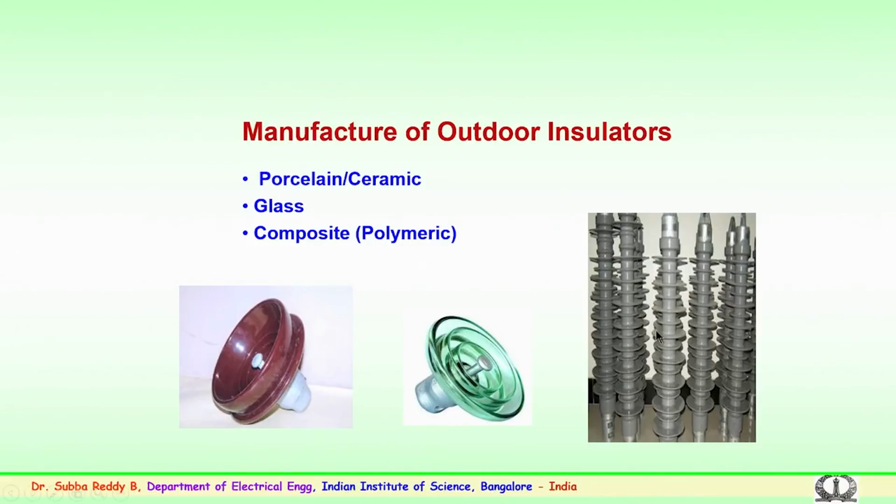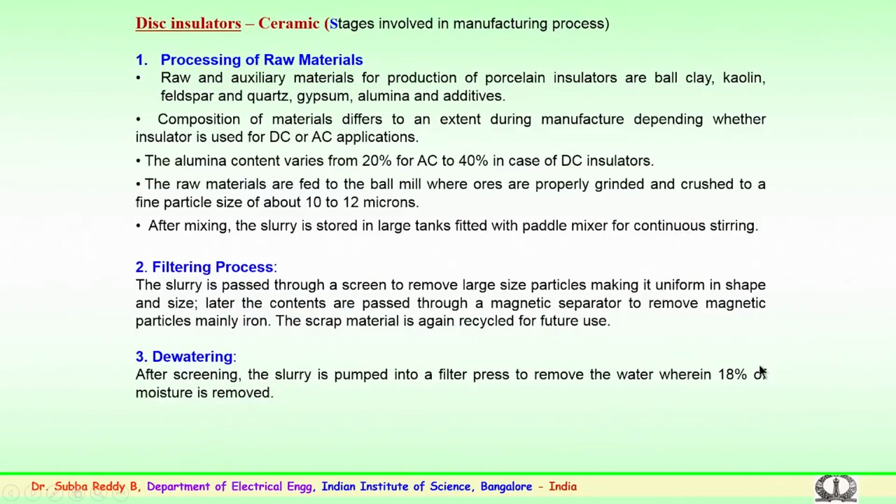First we will look into the manufacturing of the disc insulators, basically the ceramic or porcelain insulators, which are more than a century old and have reasonably provided performance up to EHV, and are also being used for ultra high voltages.